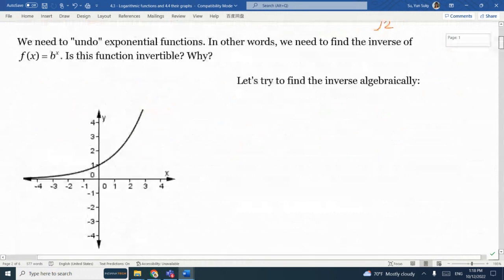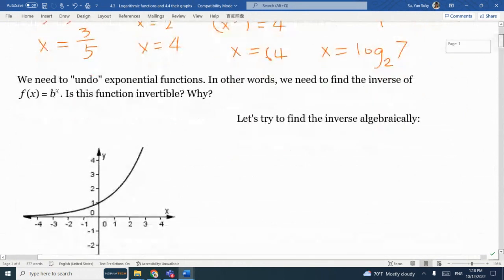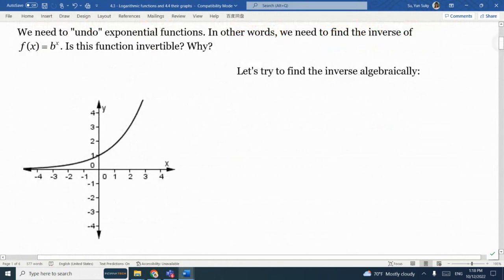So we want to undo the exponential function. So we want to find the inverse of the exponential function. Is this function invertible? Why?